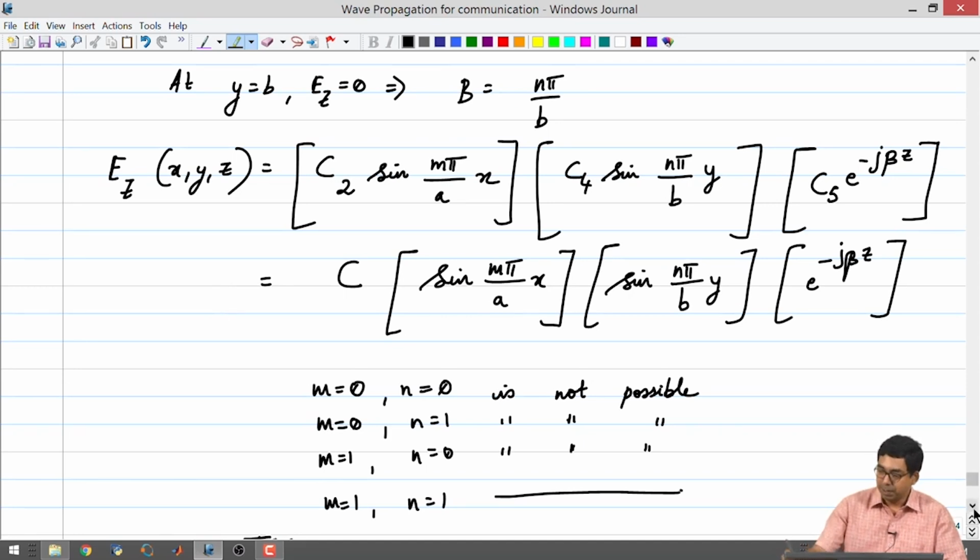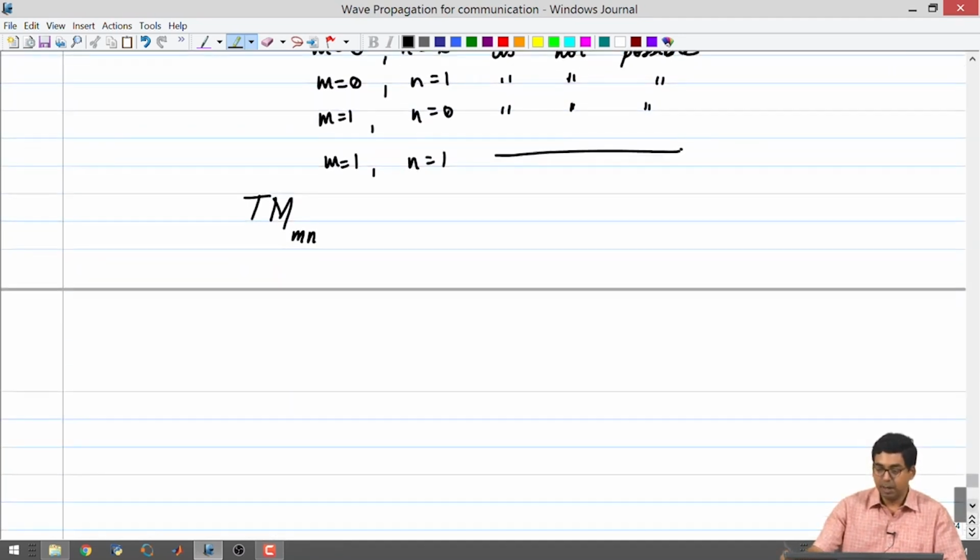Now, in this class what we are going to do is we are first going to go ahead, write a simple program to visualize this electric field to get an idea about what these spots are and how they are going to look like. And then we are going to proceed with a few other things. For example, how do I find out remaining field components of the waveguide? For example, we did not place any restriction on Ex and Ey, we have not found out anything about Hx and Hy.